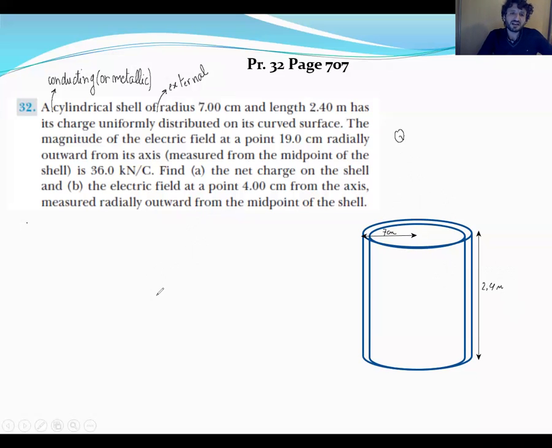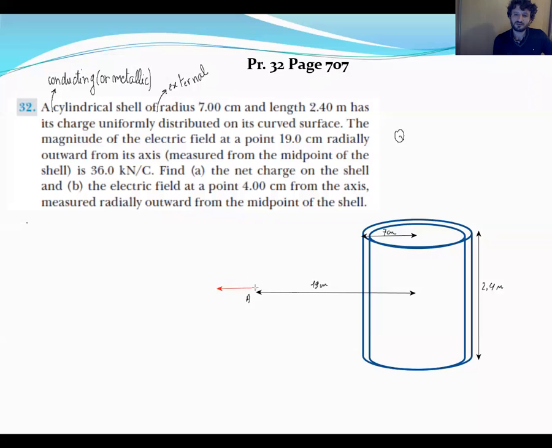The magnitude of the electric field at a point 19 centimeter radially outward from its axis. When I say outward, it means that the charge is positive. So at a point A, which is at a distance equal to 19 centimeter, the field is outward.